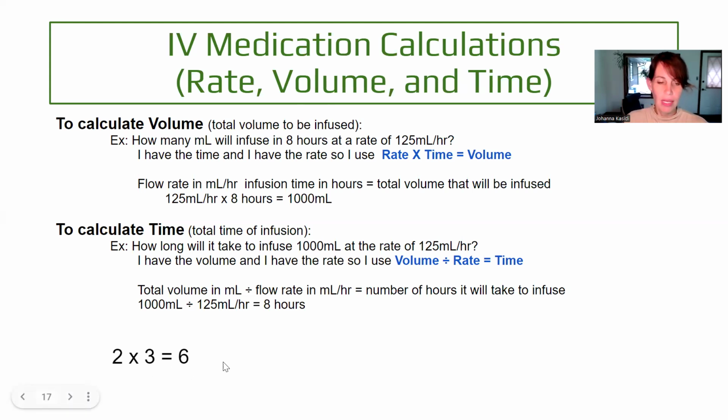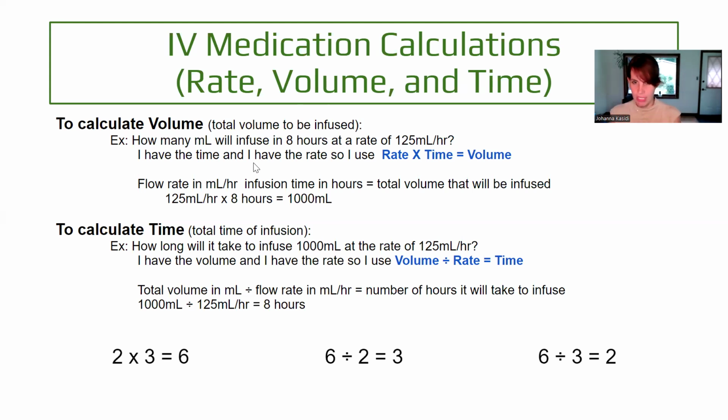So if I know that, then I know that 6 divided by 2 is 3, and I know that 6 divided by 3 is 2. The same relationship is true with volume, rate, and time. So if you remember this one, you can invert the others to get the volume or the time or the rate. You'll always have two of those, and you just have to find the other one.